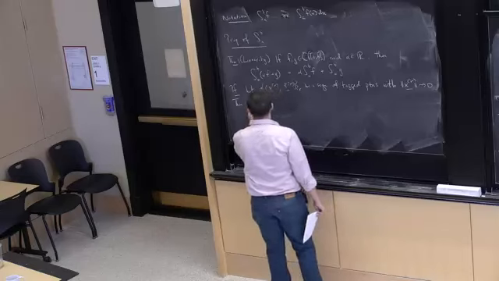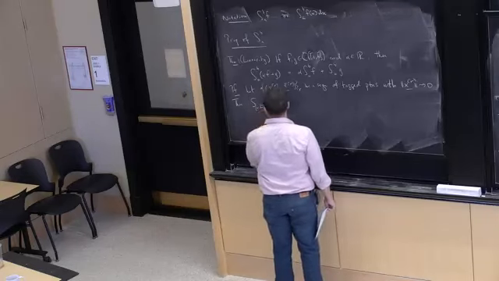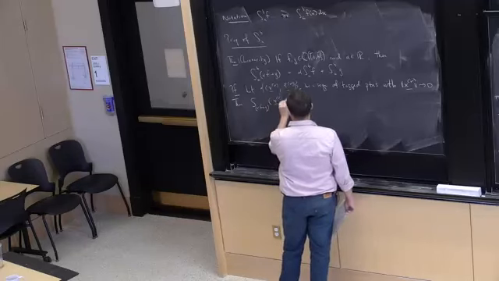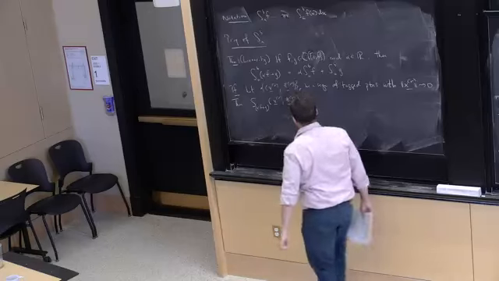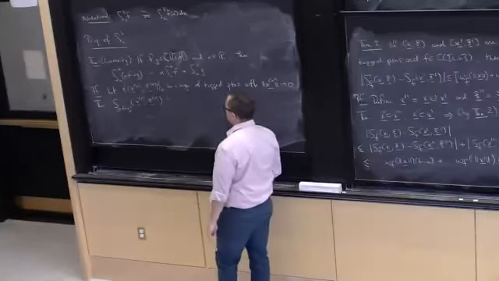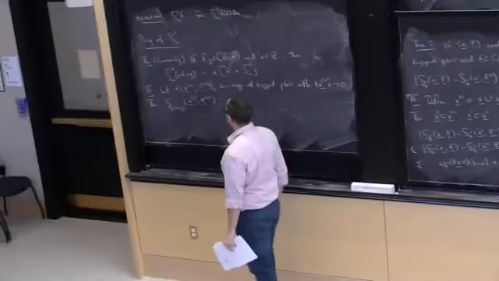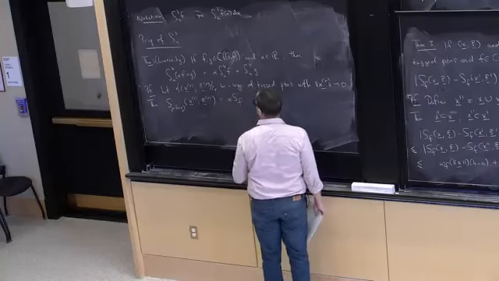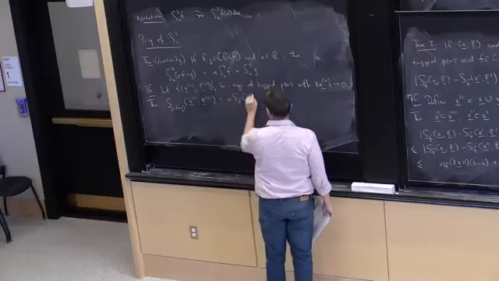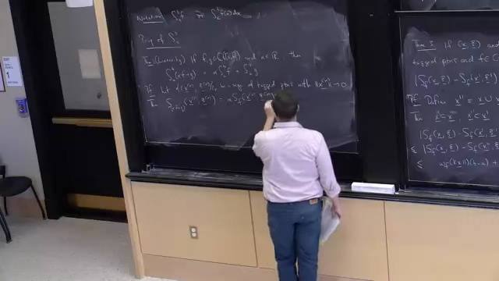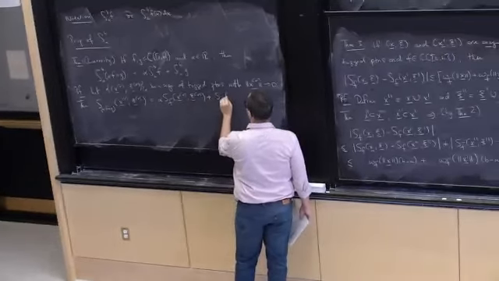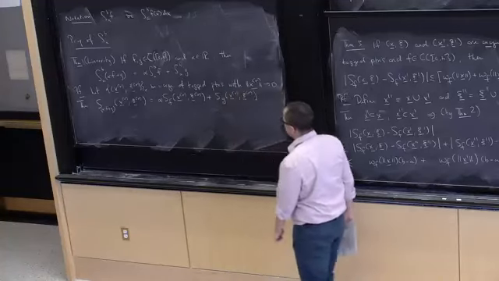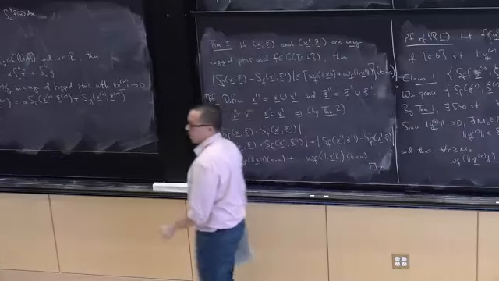Then, if I look at the Riemann sum associated to alpha f plus g, it is easy to see from the definition, this is a sum from k equals 1 to n, that this is equal to alpha times the Riemann sum associated to f plus that of g.